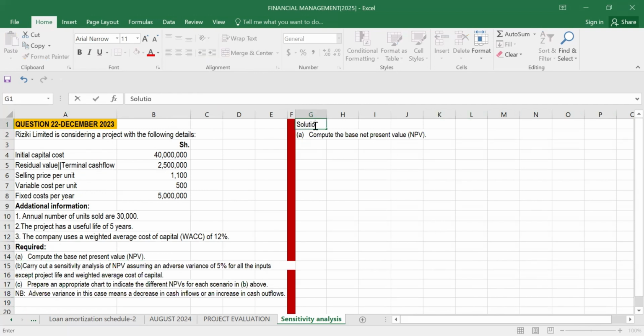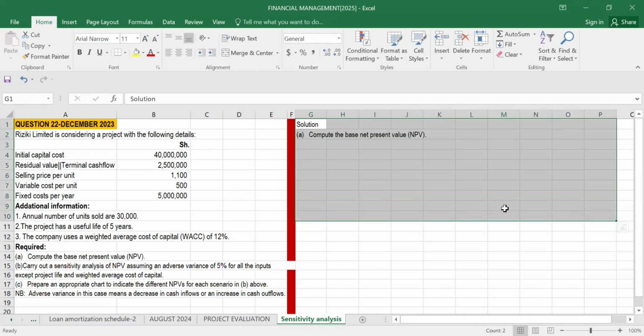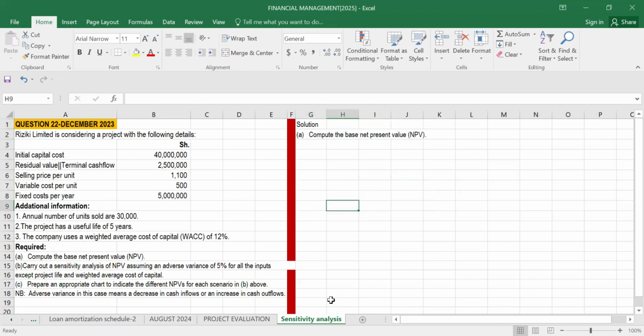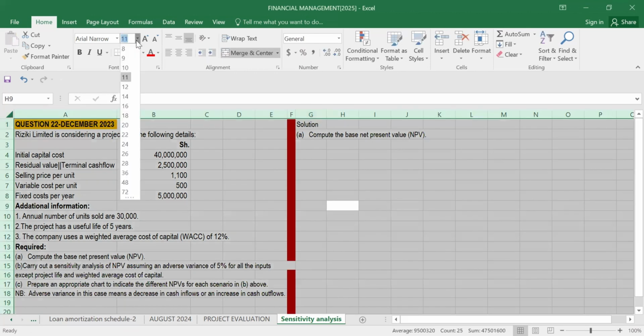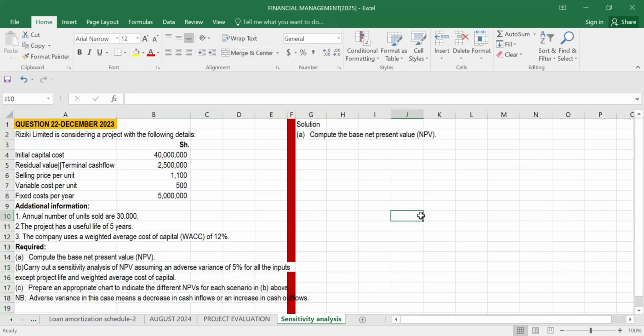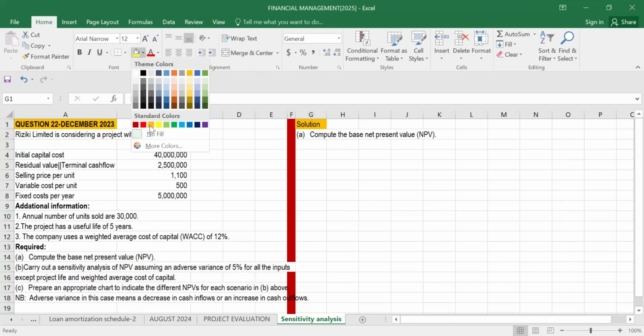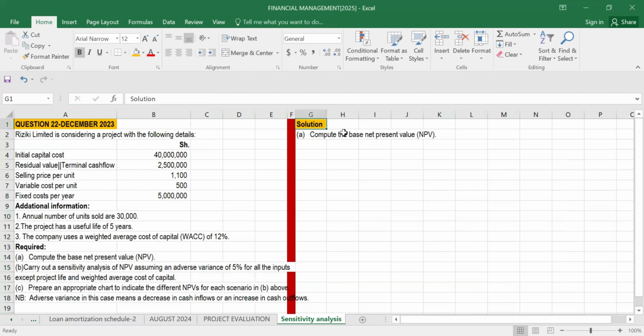This will be our solution here. So in part A, we are required to compute the NPV, the net present value.